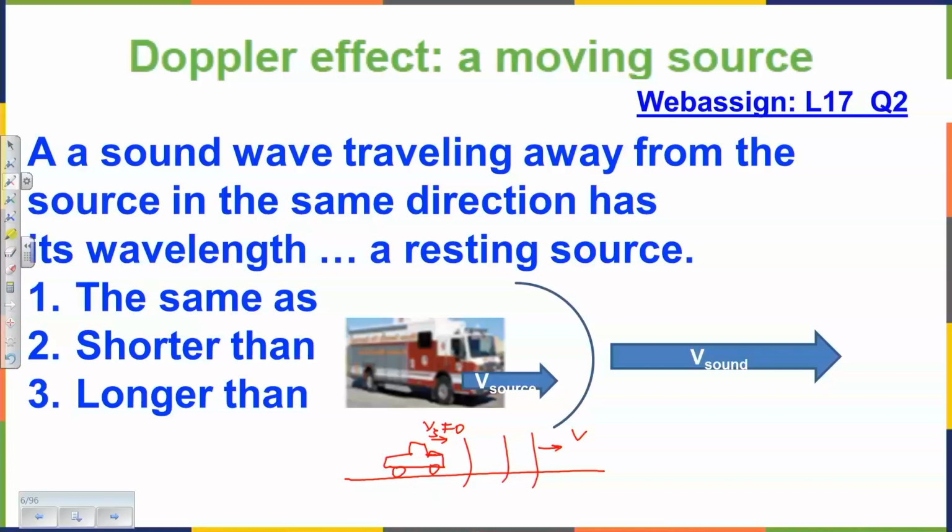That is not always the case, because as we know, there is also a wave traveling in the opposite direction, away from the source. So when a source is moving, we always have sound which travels in front of the source, ahead of the source, and we always have sound which travels behind or away from the source.